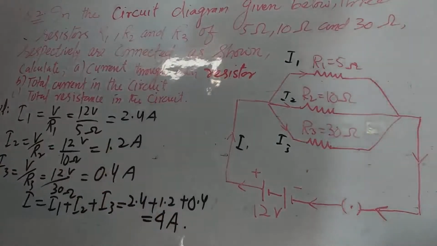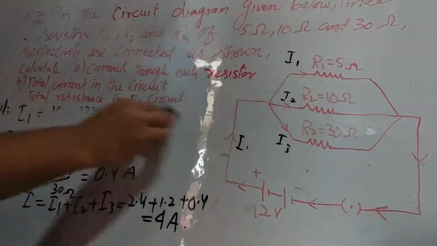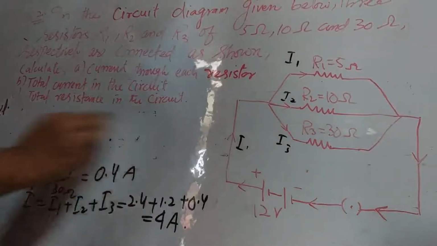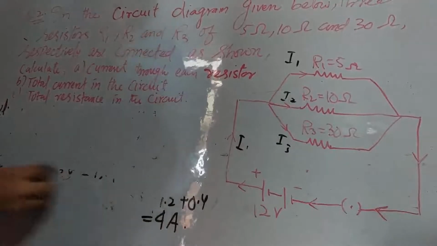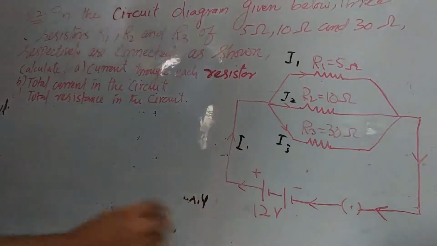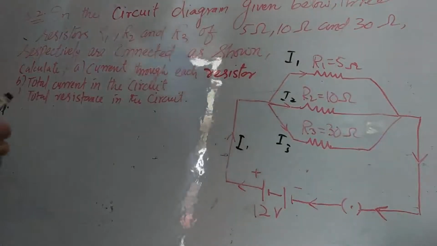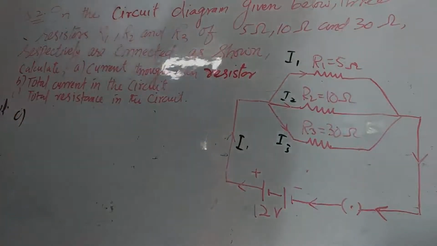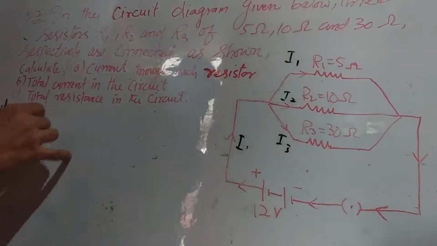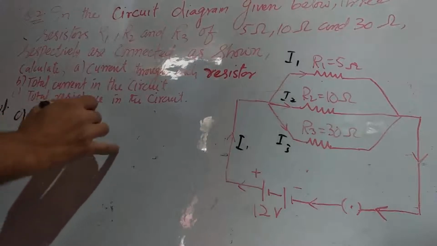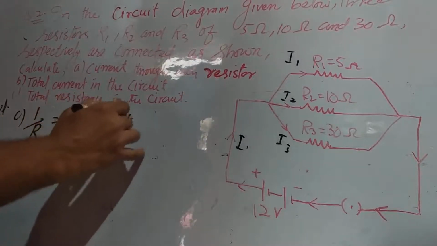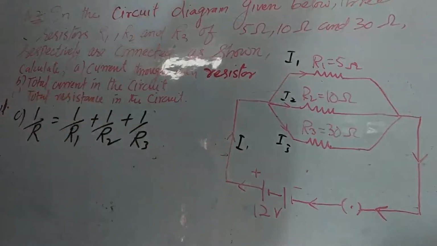Now let's calculate total resistance. Total resistance in parallel combination, we know that 1 by R is equal to 1 by R1 plus 1 by R2 plus 1 by R3. This is the net effective resistance in parallel combination.